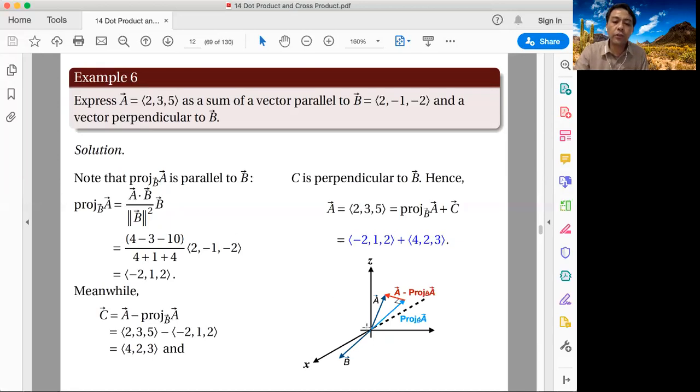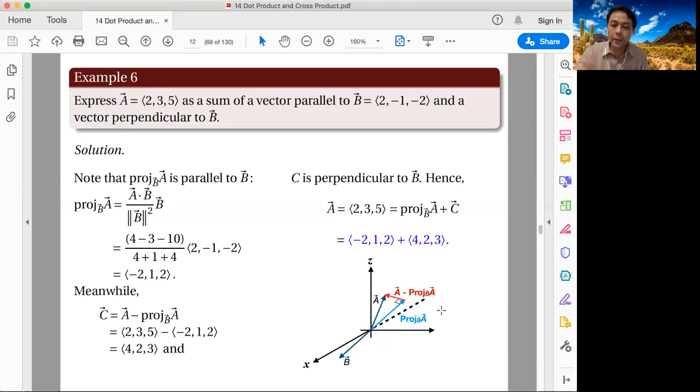So the projection of A onto B will be in the opposite direction of B. That's the blue ray there, the projection of A onto B. And the segment from the head of the projection of A onto B to the head of the vector A is the difference, A minus that vector.